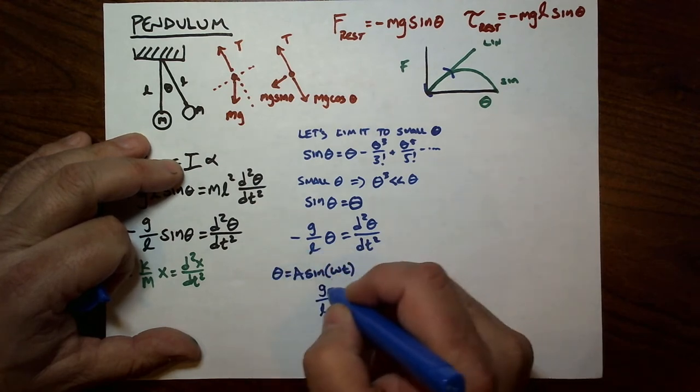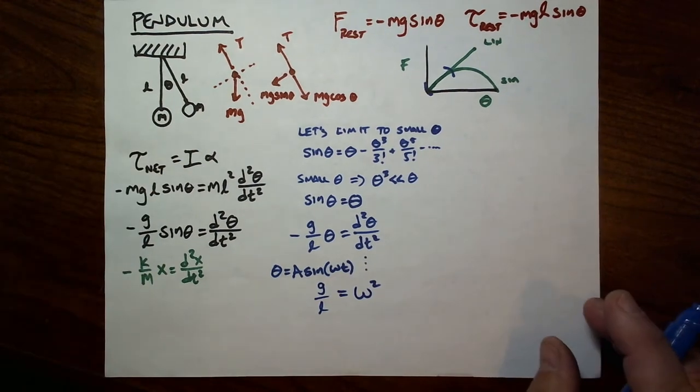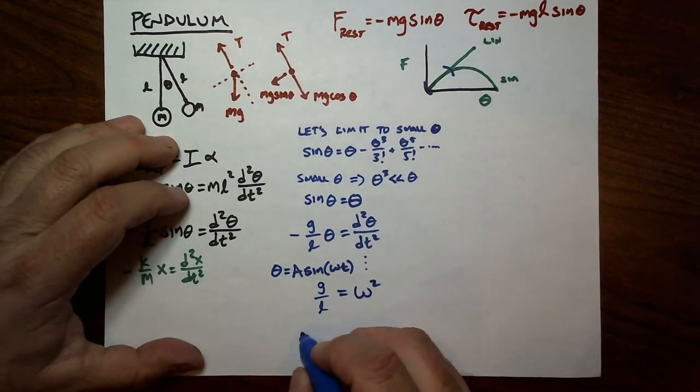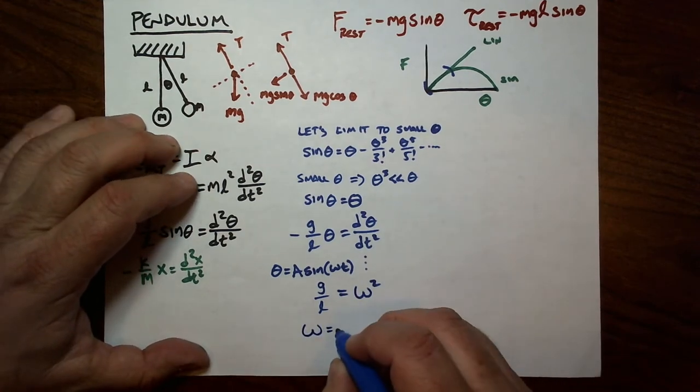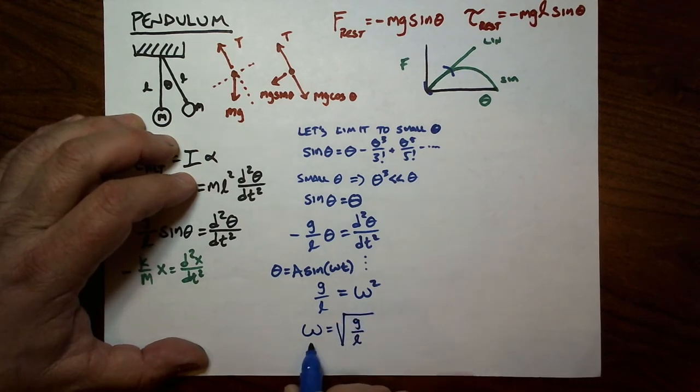So instead of doing all the stuff, I could just allude to what I've done before. And if you don't believe me, you can do it yourself. It works 100%. So that means that omega for this situation is the square root of g over L. We go around our phase diagram at this angular velocity.